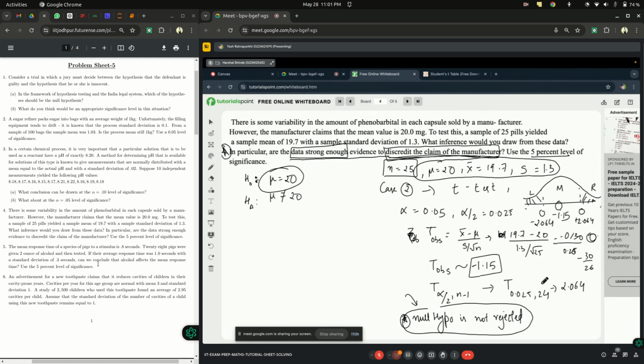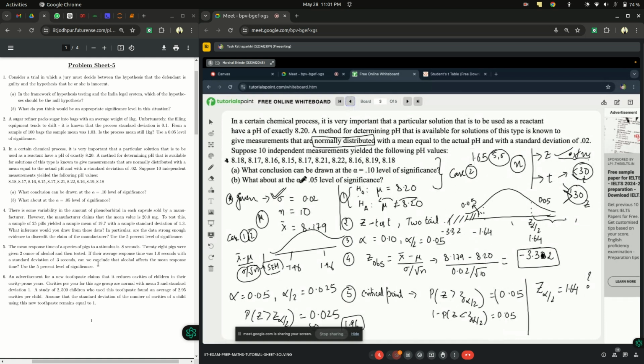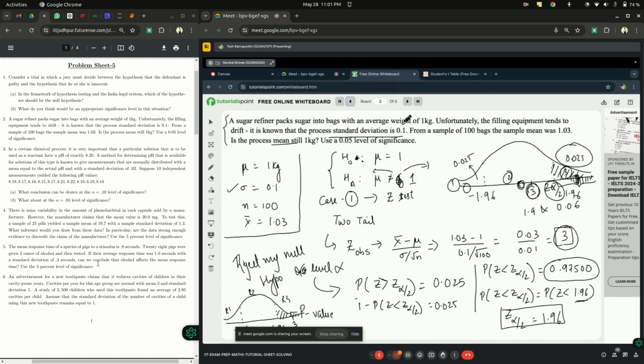Is it rejecting my claim? No, that means my data is not that strong. In the previous cases, my data was that strong, so I could draw the conclusion that I have a strong data set which can say that this claim is rejected. Got it? So we cannot directly write that the null hypothesis is accepted.